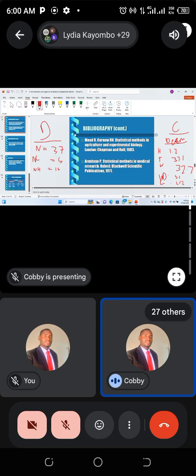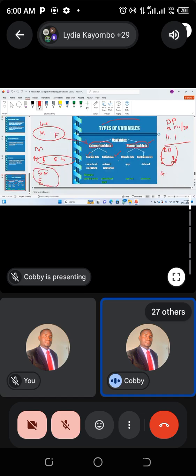Each piece of information you are going to collect is going to fall under these variables. First, you have to define it: is it a categorical variable or is it a numeric variable?